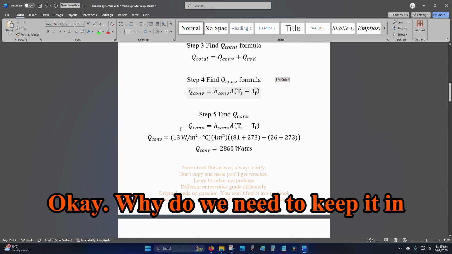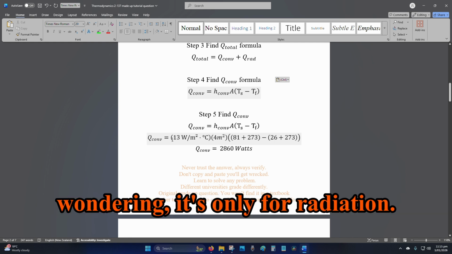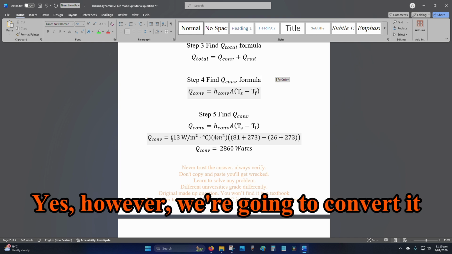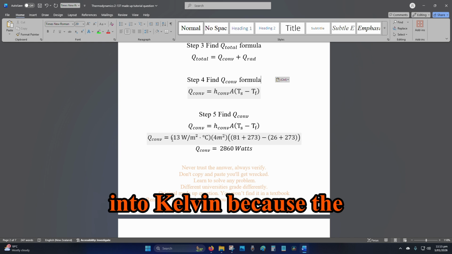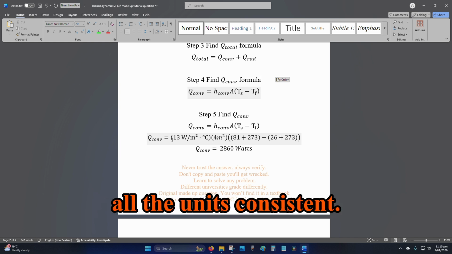Okay, why do we need to keep it in Kelvin? You may be wondering, it's only for radiation. Yes, however, we're going to convert it into Kelvin because the other side has radiation, so we're going to keep all the units consistent.